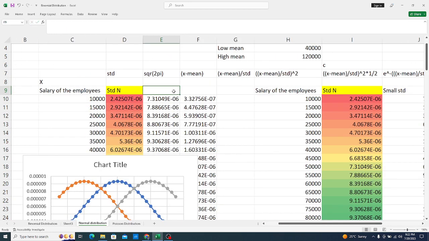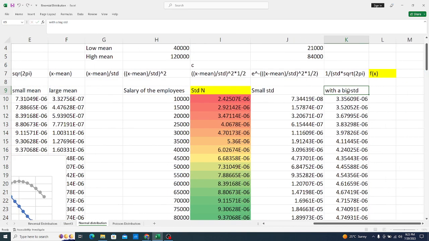This one was with a small value of mean, and this with a large value of mean. Okay, this is with a large value of standard deviation.